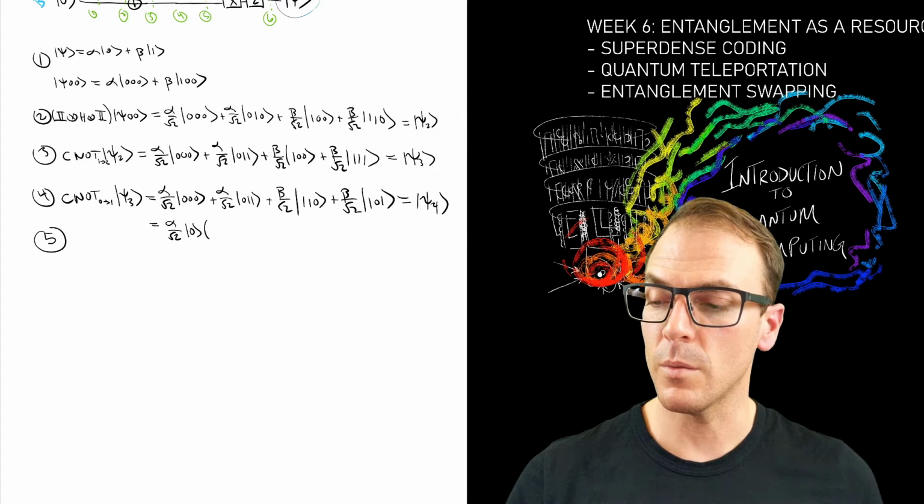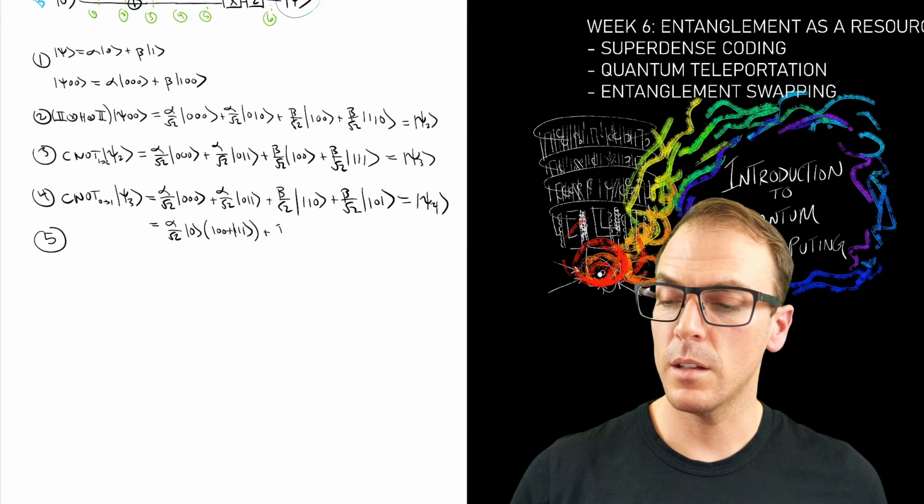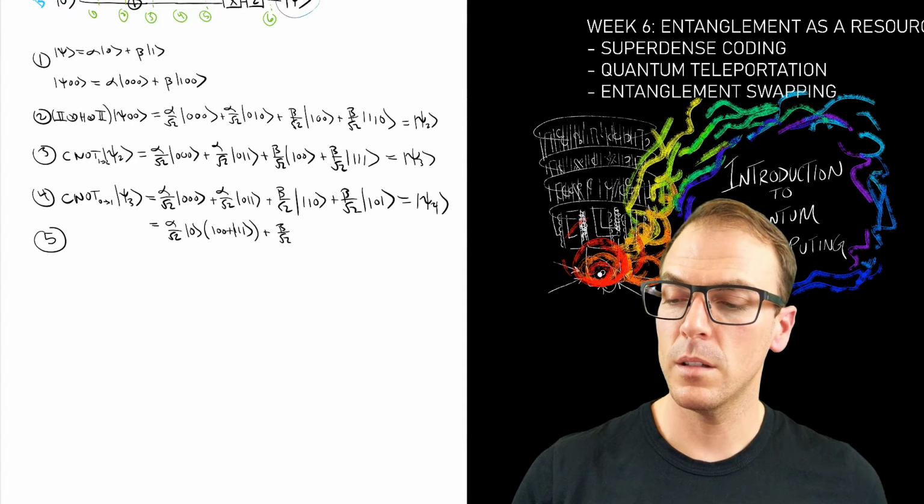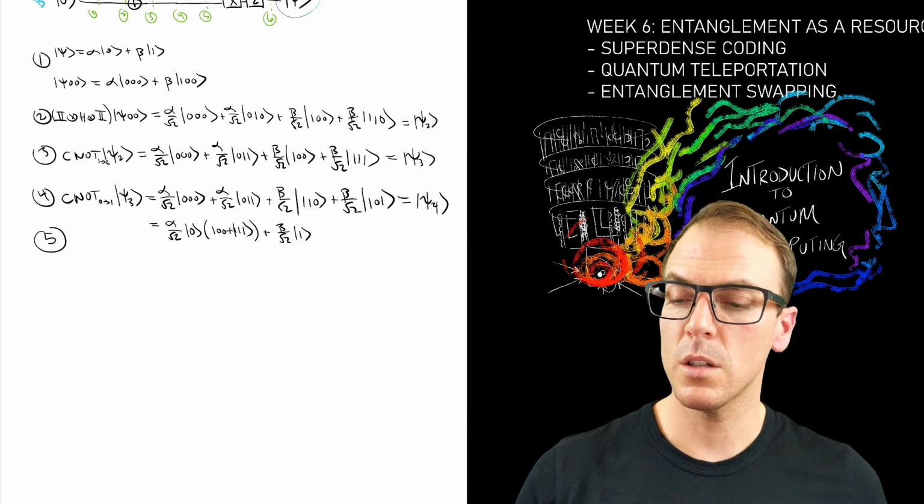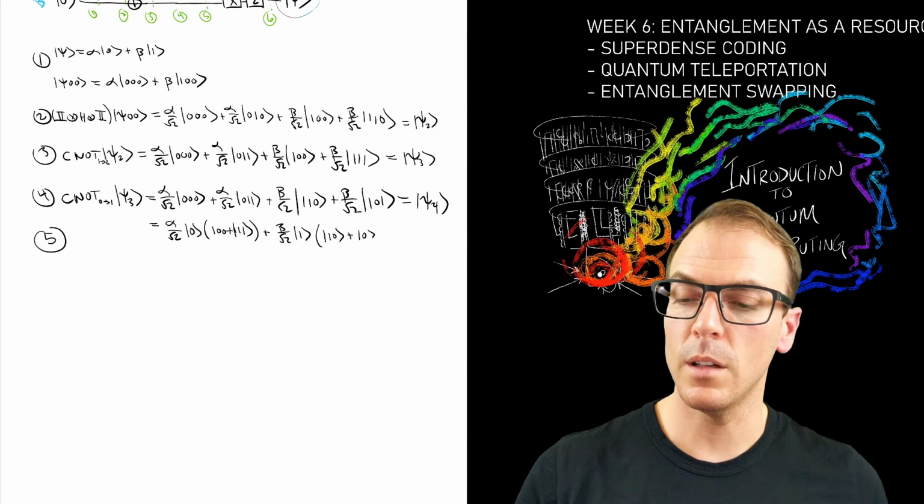So we have 0, and then we're left with 0, 0 plus 1, 1. And on the second one, we have a 1 in the first position, and then we have 1, 0 plus 0, 1.